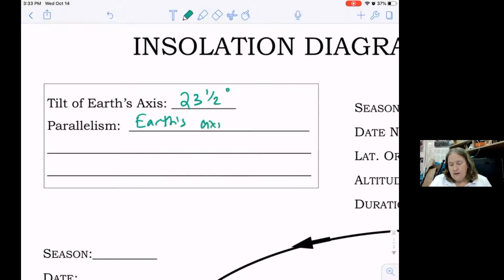So I'm going to write that down while you write that down. In other words, if you look at it in any position, it's going to be parallel to itself in other positions. So it's always pointing the same way. It's always tipped the same way.